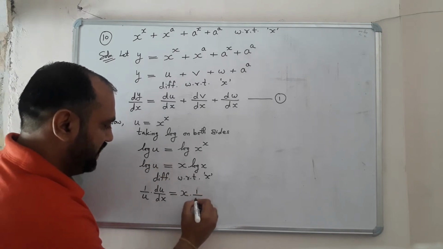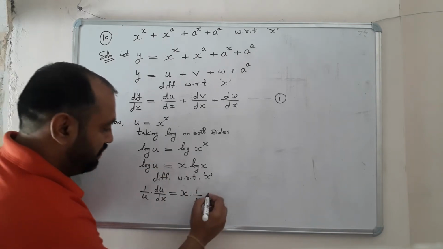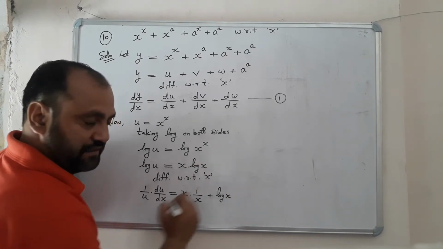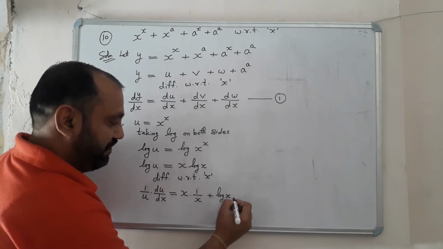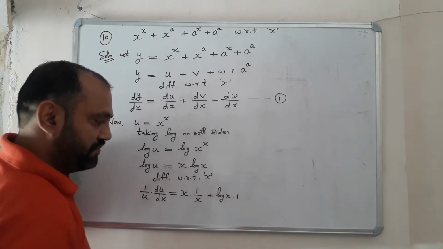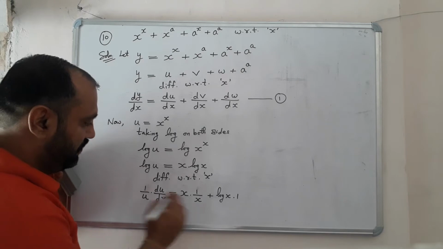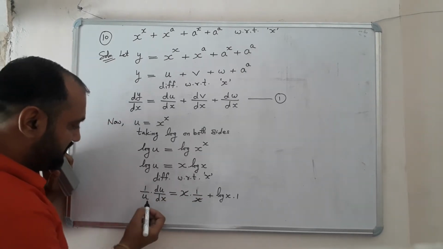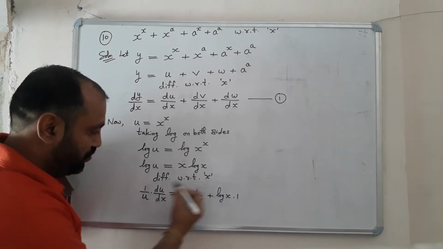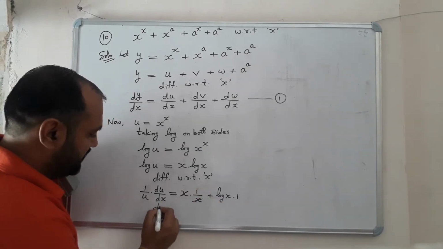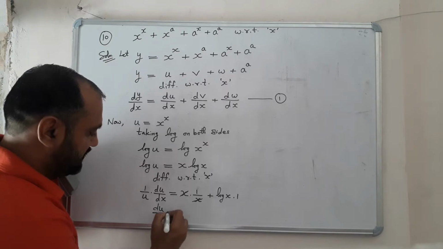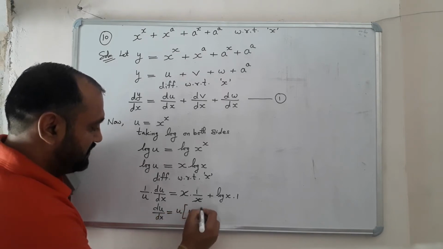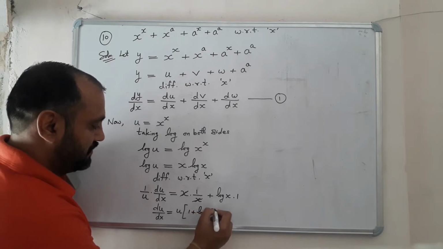Derivative of second is 1 upon x, plus second as it is, log x as it is, into derivative of first. That is equal to 1. Right? So this x will be cancelled out. Now this u will shift to the right side. We will get du by dx is equal to u into 1 plus log x.